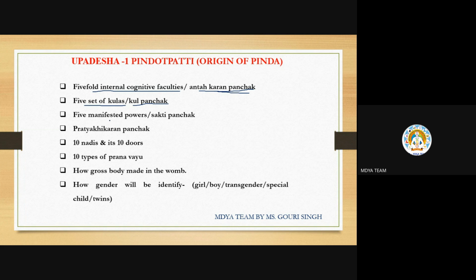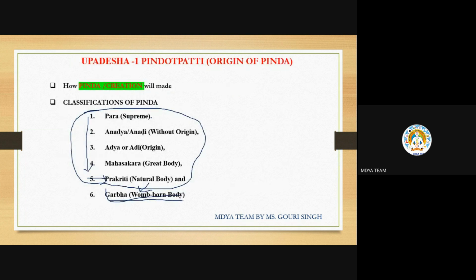Then 5 manifested powers are also added, that is the Sakti Panchak. Then Pratyakikaran Panchak is also added. So these are the 4 things added whenever the Garbhapinda is created. Before Garbhapinda, this is the process: first Para, then Anadi, then Adi, then Mahasakara, then Prakriti Pinda.